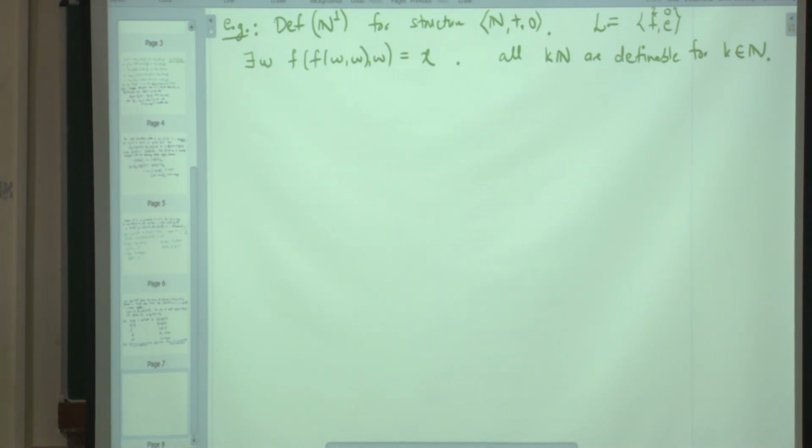What is 0N? All the multiples of 0. The formula is x equal to e. 0N is definable by x equal to e, which defines singleton 0, by the way. Which other singletons are definable here?